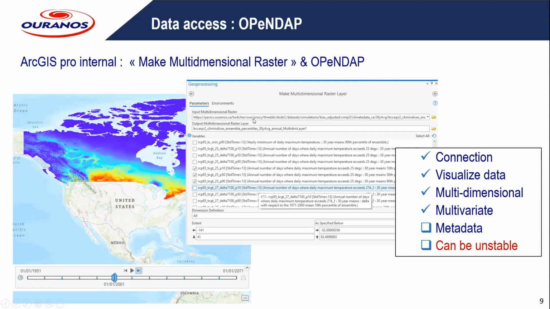In this input category, I've been able to connect to the remote data set and successfully visualize it in the map frame of ArcGIS Pro. It comes, as described, with multidimensional support, so the ability to select all or some of the various time steps, enable time sliders, and either jump between time steps or do an animation.